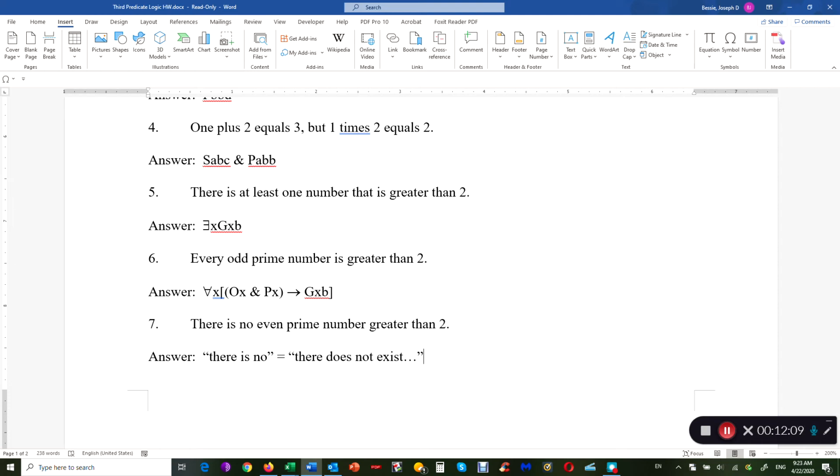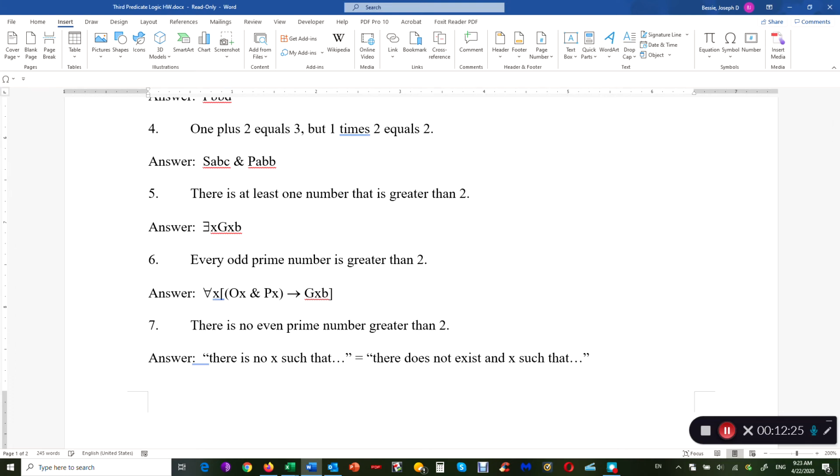There is no, so if we said there is no x such that, what we're saying is there does not exist an x such that, right? So there does not exist is the negation of the existential.